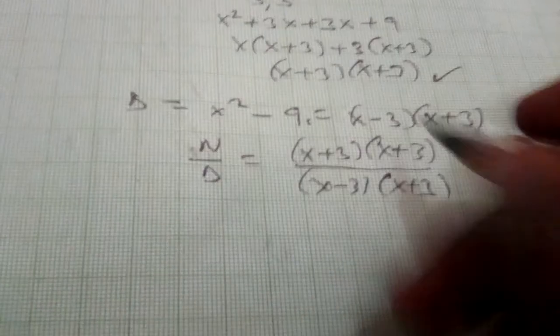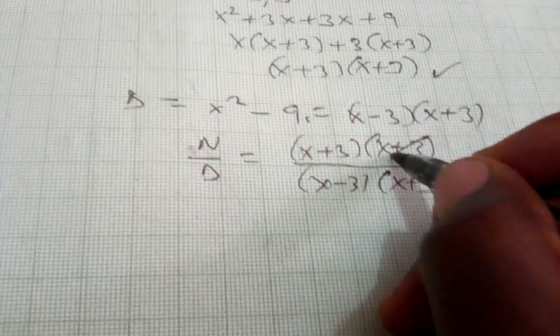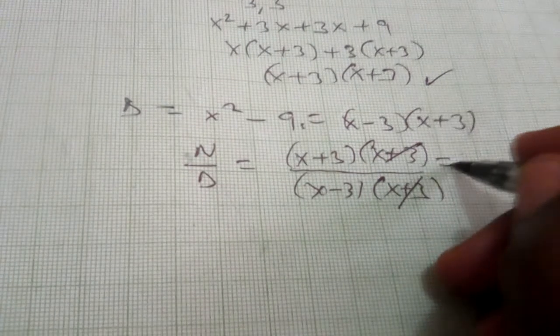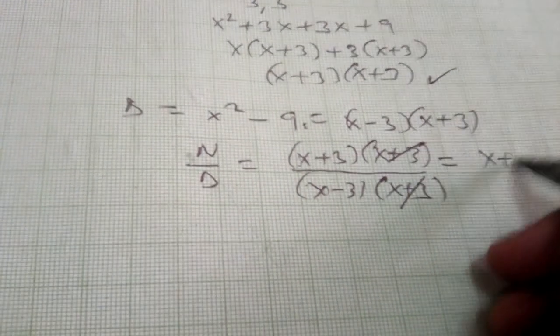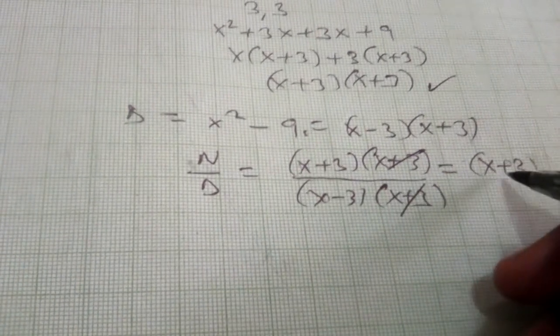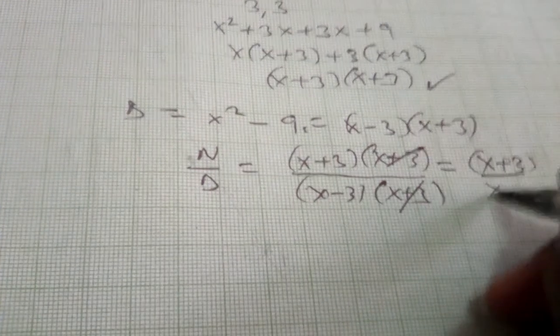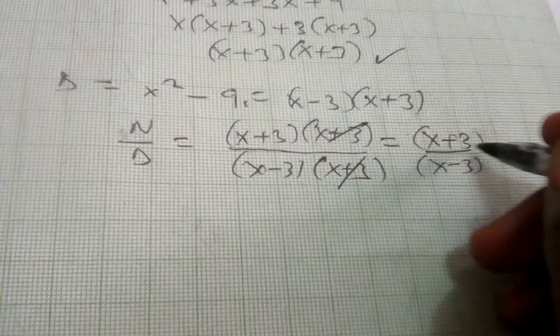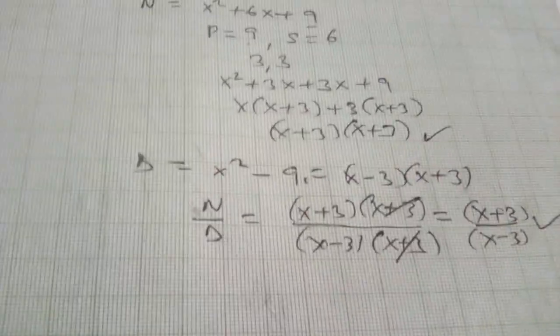Seems like we have factors which can cancel in both the numerator and the denominator. Then we are left with x plus 3 over x minus 3, which you can't simplify further. And that is the answer to our question.